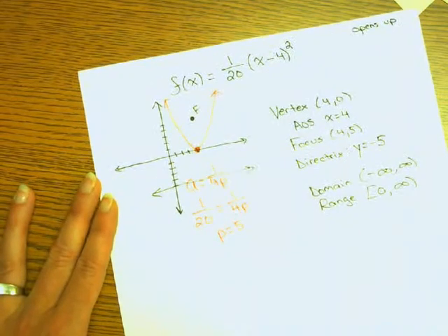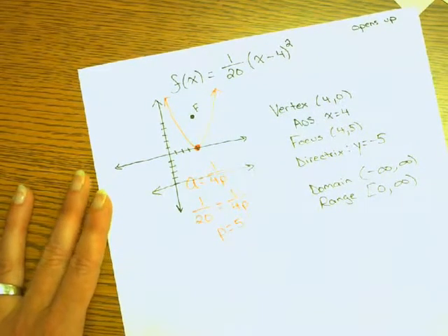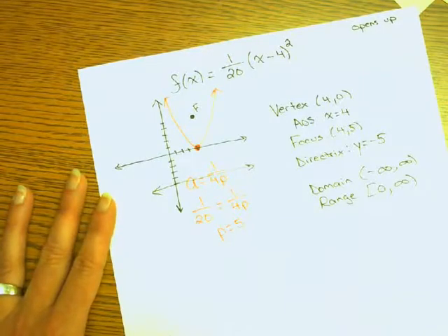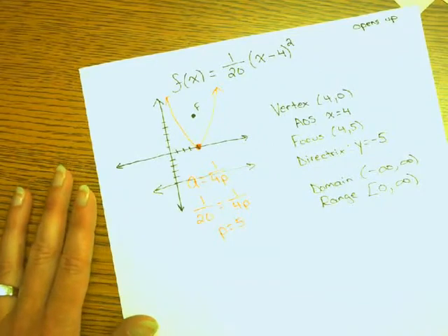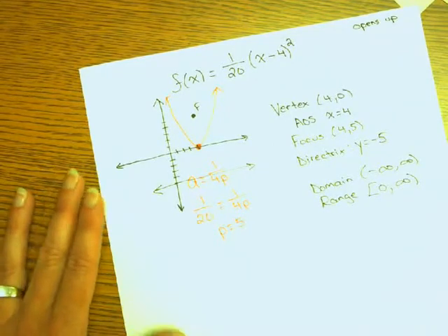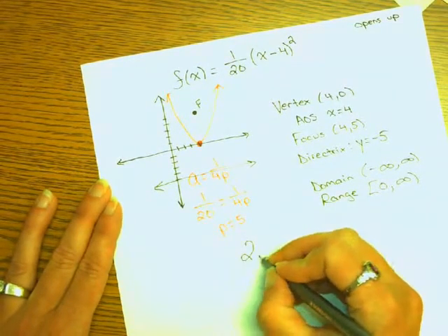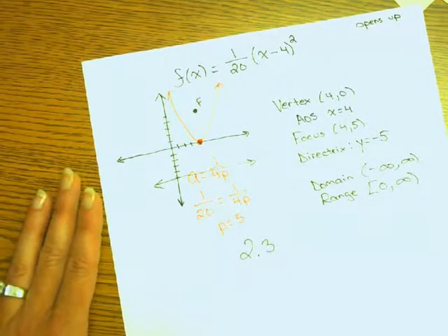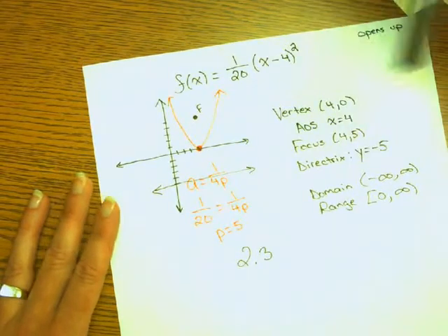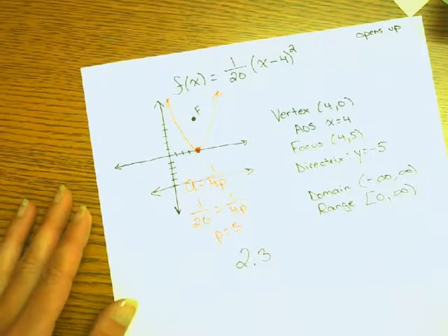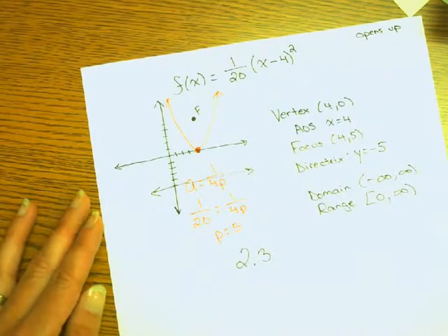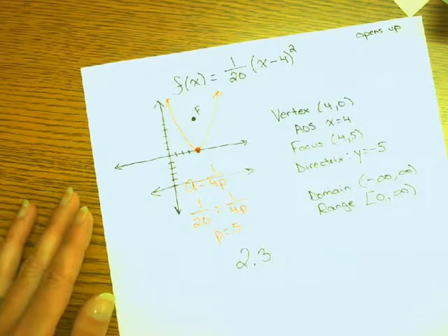So, on the back of that 2.2 homework, there's 2.3. Now, the instructions on there are really crazy. They're not what I want you to do. It says to use the distance formula. No, that's silly. I don't want you to use the distance formula.